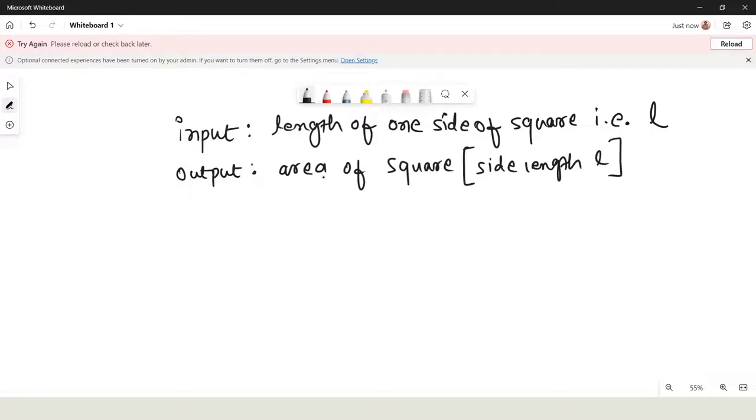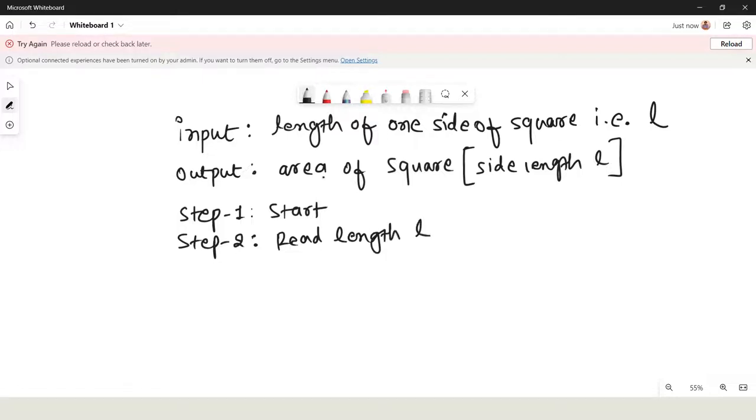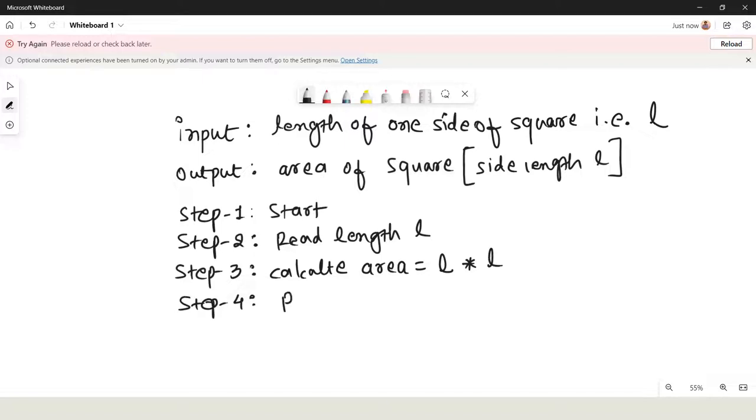As you know, the first step of any algorithm is start. Step 2, in this case I have to take the length of one side of the square as input, so read length L. Then step 3, you have to calculate area is equal to L into L, and step 4 would be to display the area, print area.